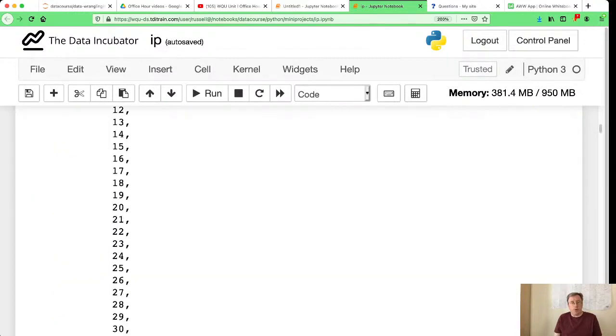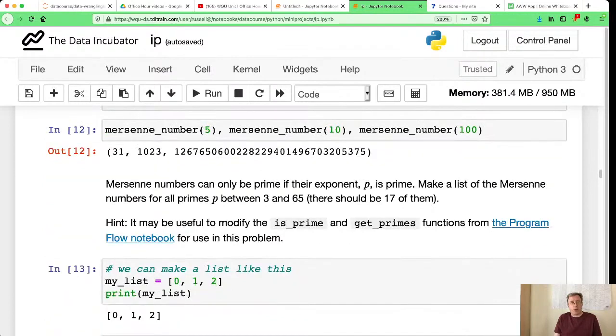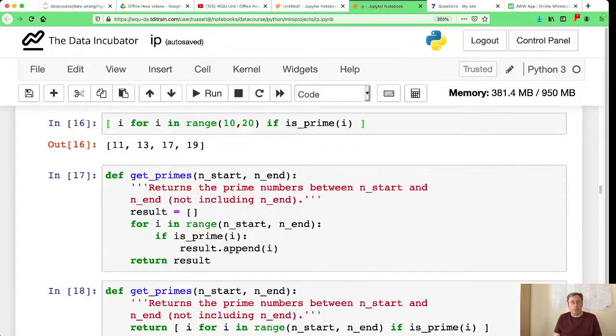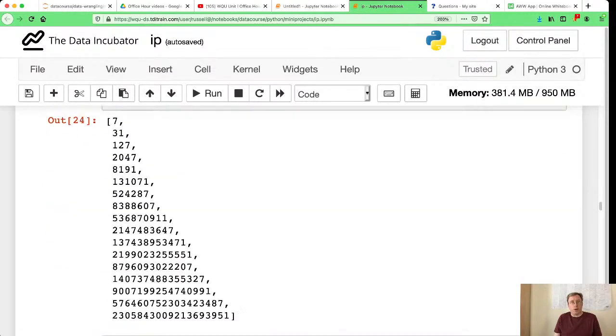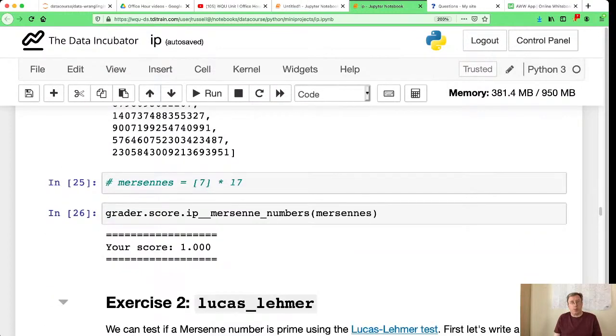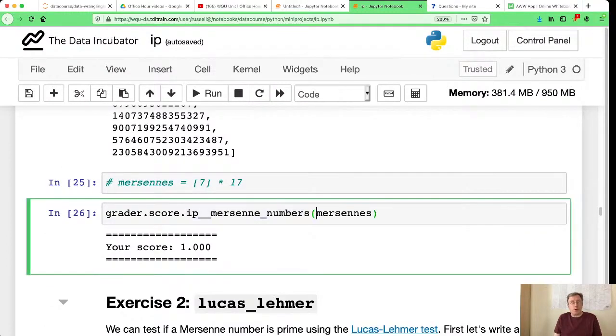And then you basically run the cells that say grader dot score dot and a question name, like this one. And you need to give the proper input. Check the mini project, right?